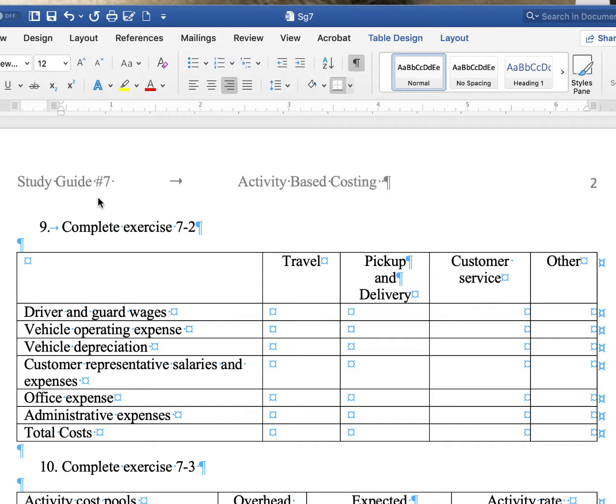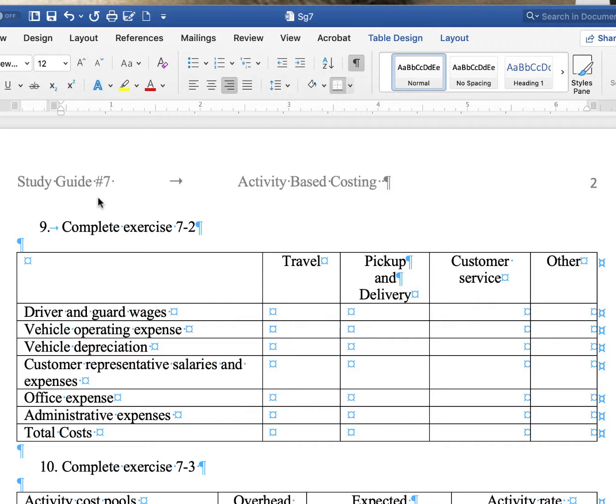Oh, 50%. "How much by picking up and delivering?" About 35%. "How much by customer service activities?" Probably about 10%.